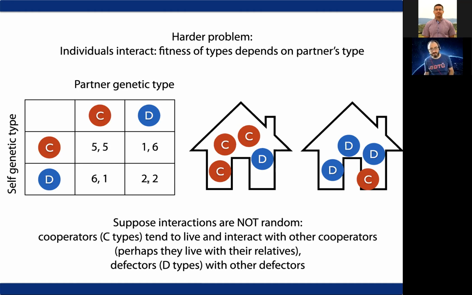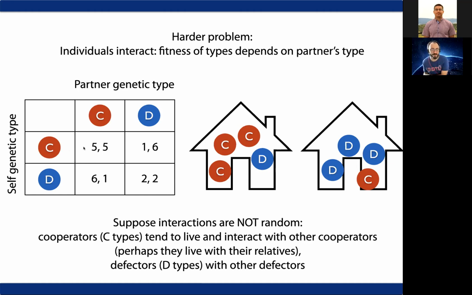So defectors get a payoff of 2, which is our baseline payoff, and everything is relative to that defector payoff. They both get 2. If they partner with a cooperator, the defector gets 6 instead of 2, which means the benefit they get from the cooperator is 4. But the cooperator gets 1 instead of 2, which means the cost is 1.